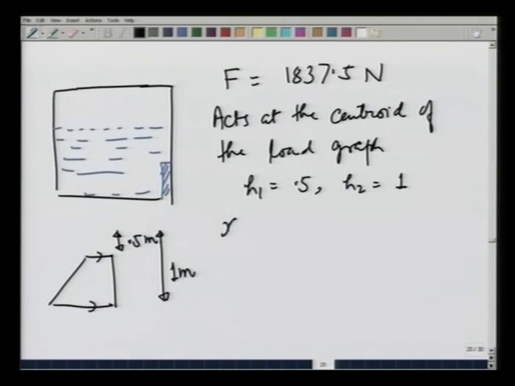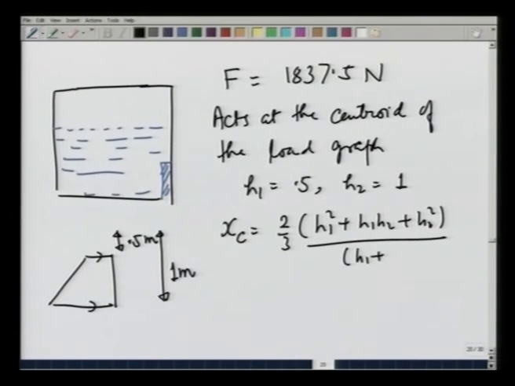So, the loading x_c is at 2/3 times (H1 squared plus H1 H2 plus H2 squared) over (H1 plus H2), that we calculated earlier, and this comes out to be 0.78 meters from the surface of the water. So, from the surface of the water, this is at 0.78 meters, or from point A it is at 0.28 meters.